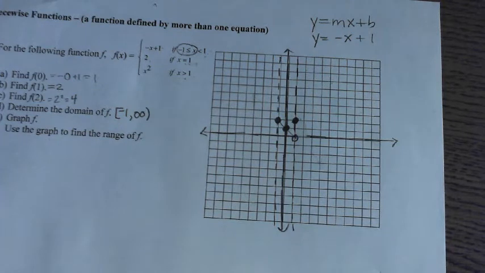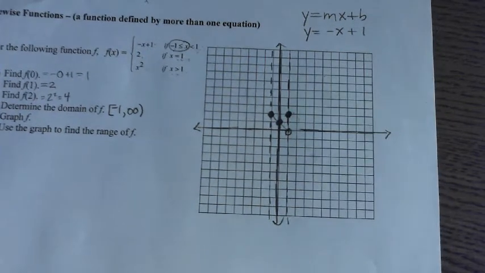And then the last function is x squared. I'm going to do it up on the board so I don't screw up the picture. If I'm just graphing x squared on its own, it looks like this. That's just a parent graph.